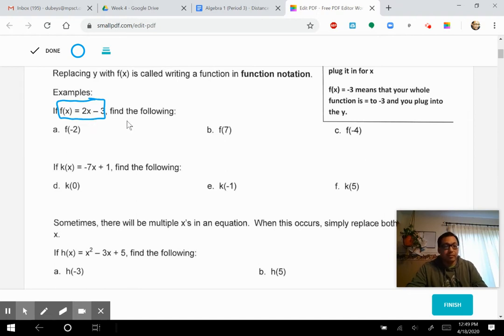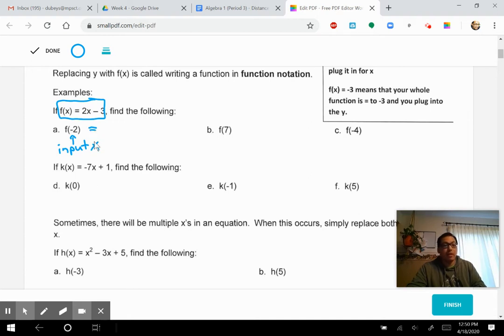This tells us how we're going to find our output based on whatever x is. f of -2. How would we evaluate this? Well, this means that -2 is our x. This is our input, or x.